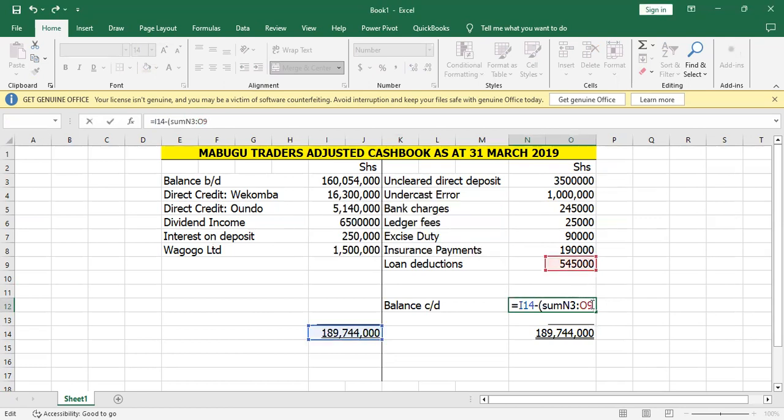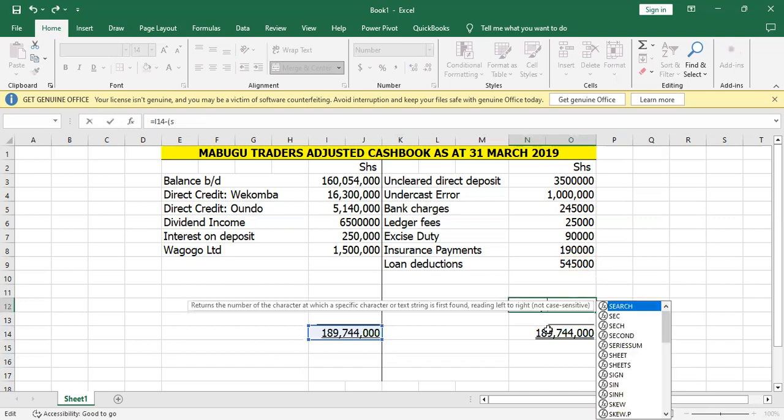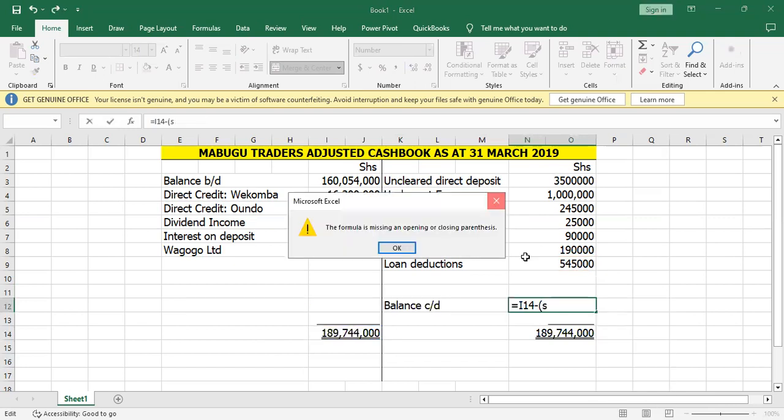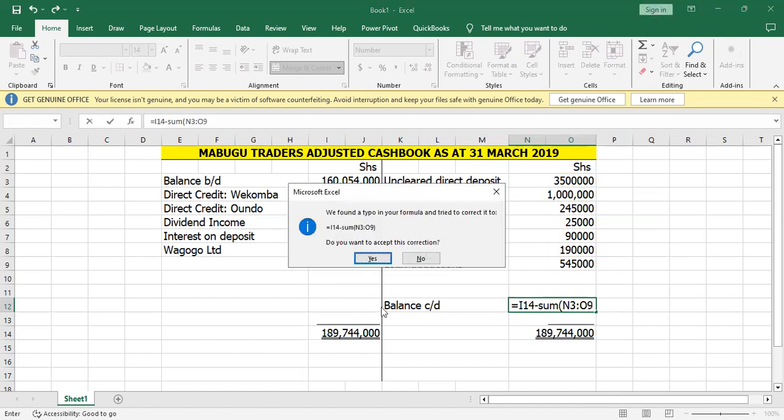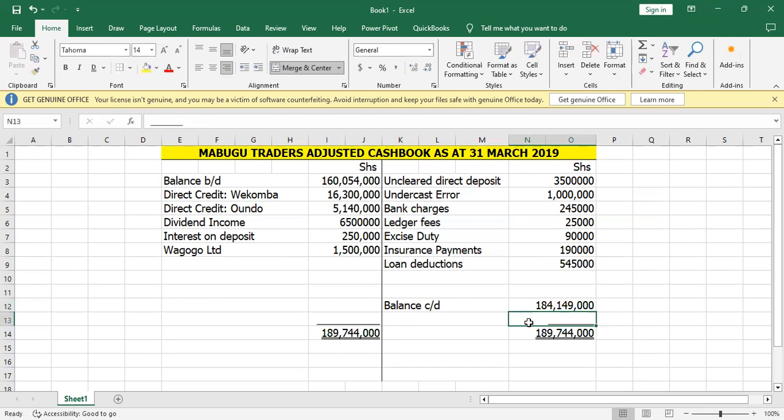So it will be my total on the debit minus the sum of all these, and this gives us 184 millions, 149,000. So that will be your closing balance in your cash book.